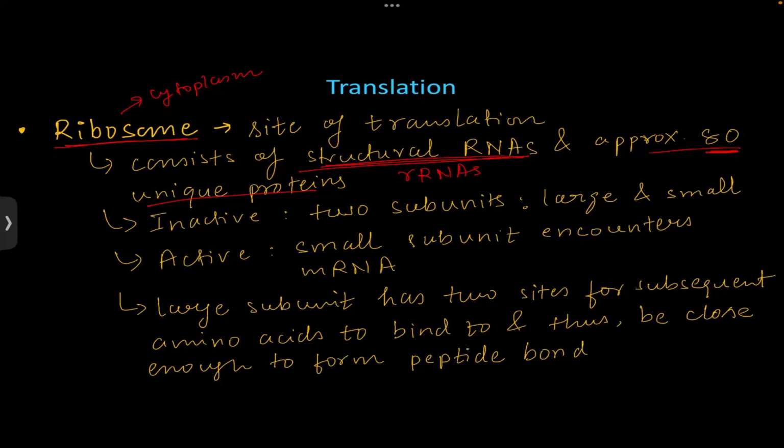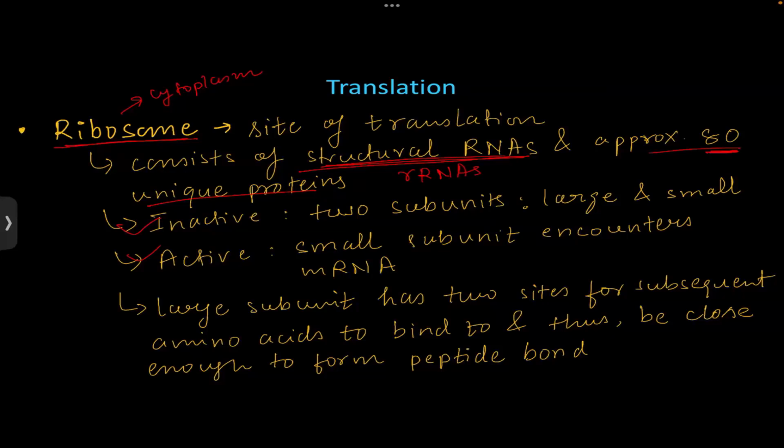Whereas in the active state, when the ribosome is going to start protein synthesis, the smaller subunit gets in contact with the floating mRNA in the cytoplasm.